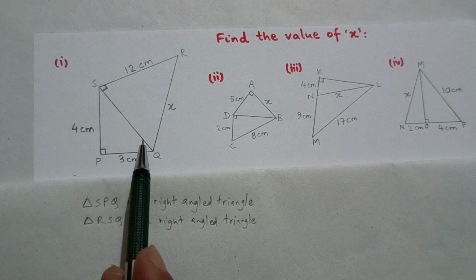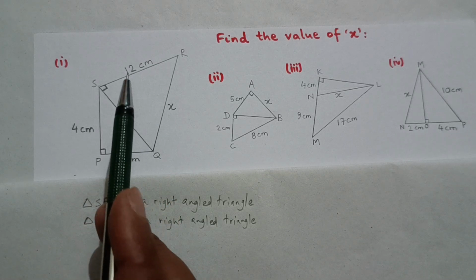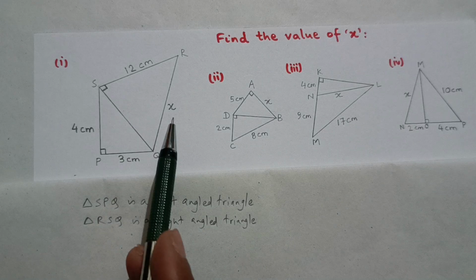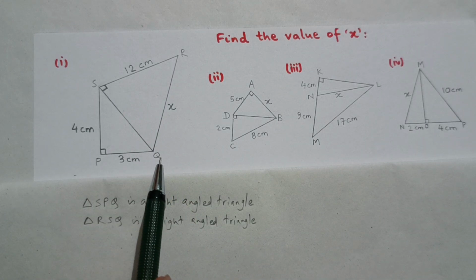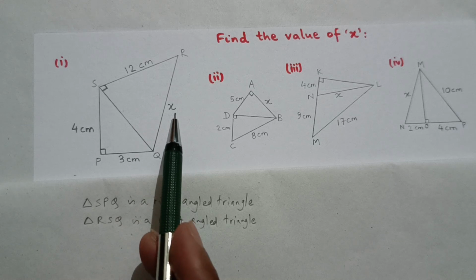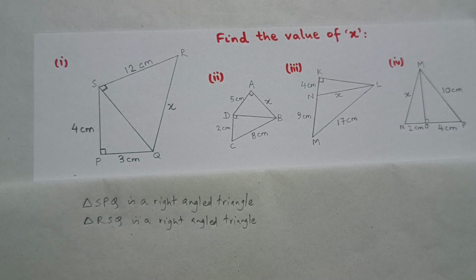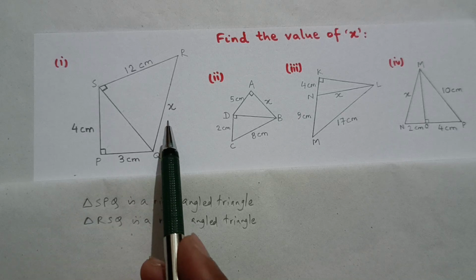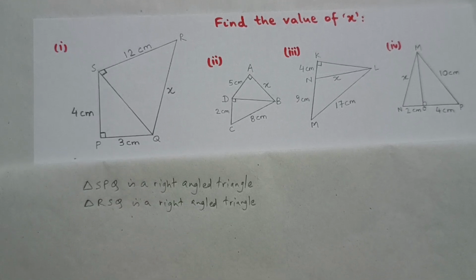And once I find the measure of side SQ, then I will go to the right angled triangle RSQ, and in that triangle also I will apply the Pythagoras theorem and find the value of x. So let us start solving it.